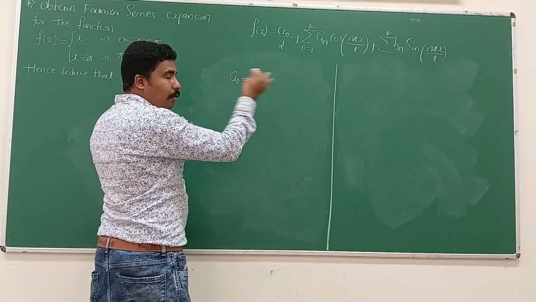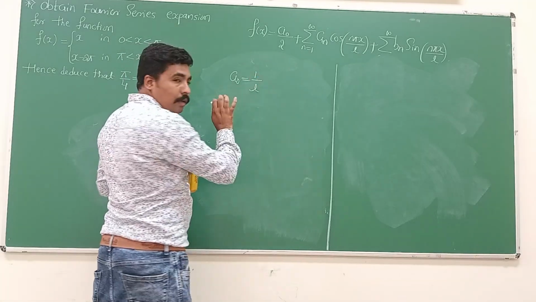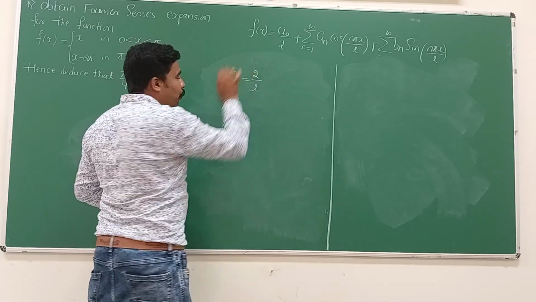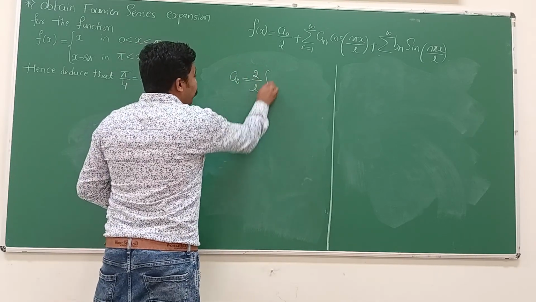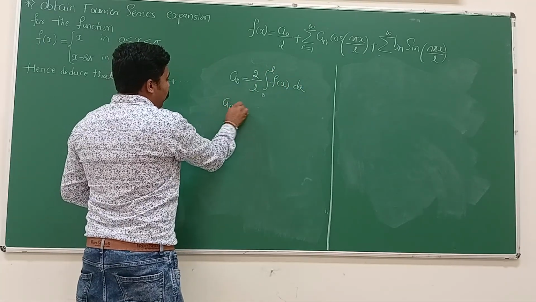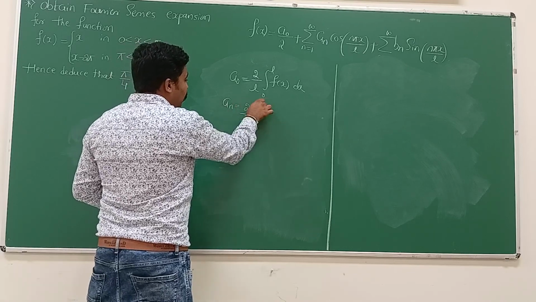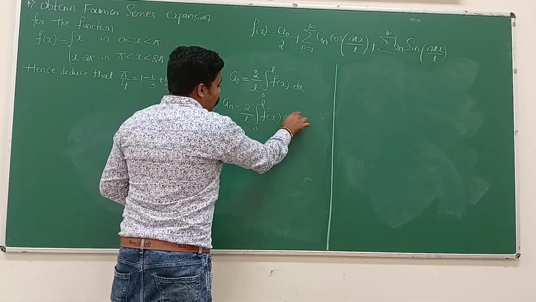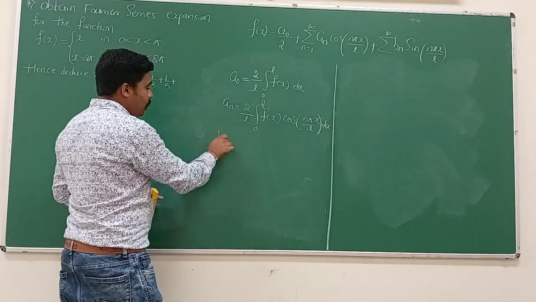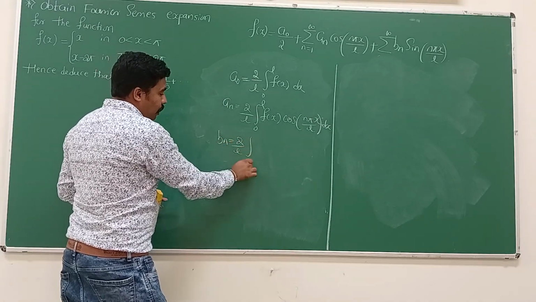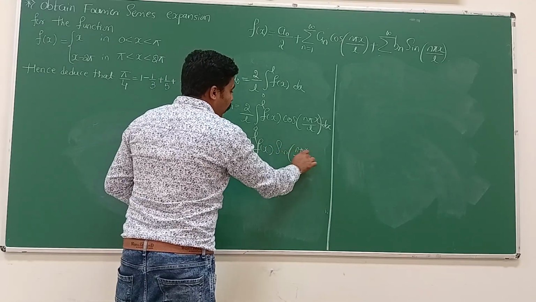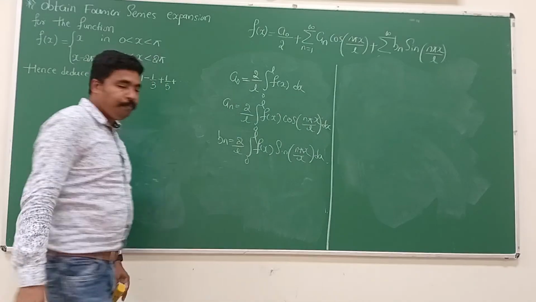In the general formula, we write 1 by L, but after applying the even odd concept, the formula becomes 2 by L, integral 0 to L f of x dx. an is also 2 by L integral 0 to L f of x cos n pi x by L dx. bn equals 2 by L integral 0 to L f of x sin n pi x by L dx.